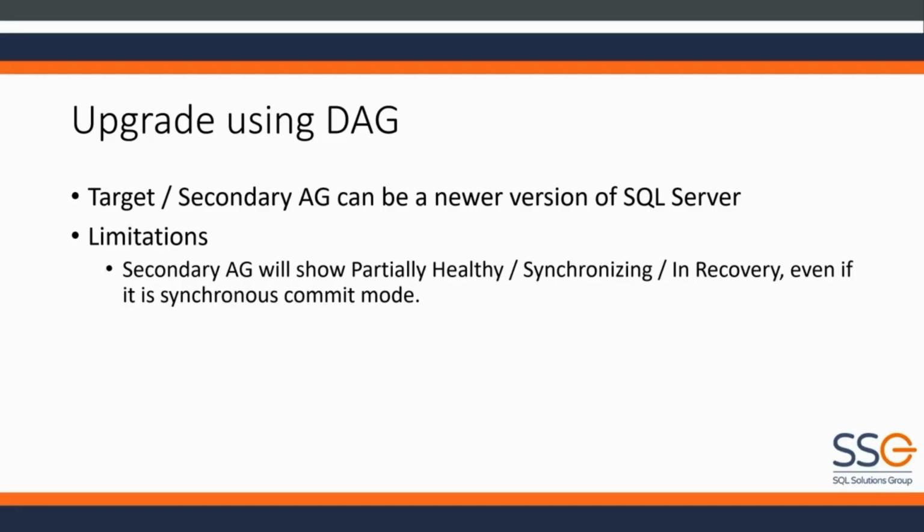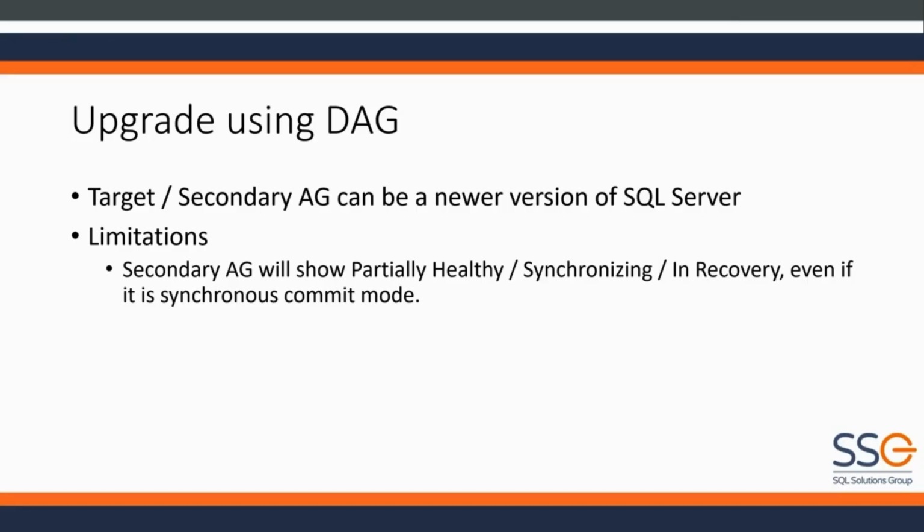Even if your secondary AG is in synchronous commit, while it's participating in this AG, it's going to show up as partially healthy. The databases will say synchronizing in recovery as opposed to synchronized, right? We're going to use asynchronous replication mode up until we do the final actual cutover.